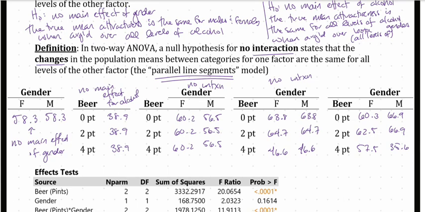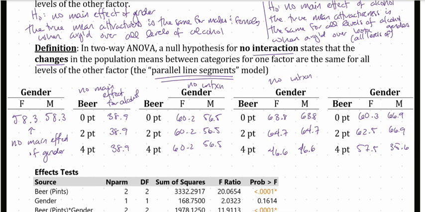We can estimate that to be about 63. And for people who have 2 pints of alcohol, we can estimate that to be maybe a little higher, maybe 64-ish. But for people who have 4 pints of alcohol, we can see that that is a much lower response. So that's going to be maybe 40 something.